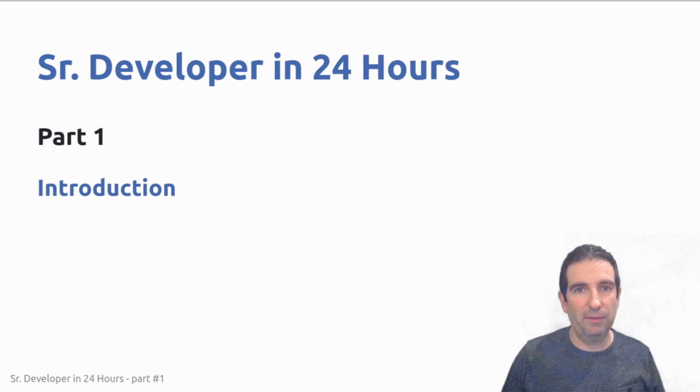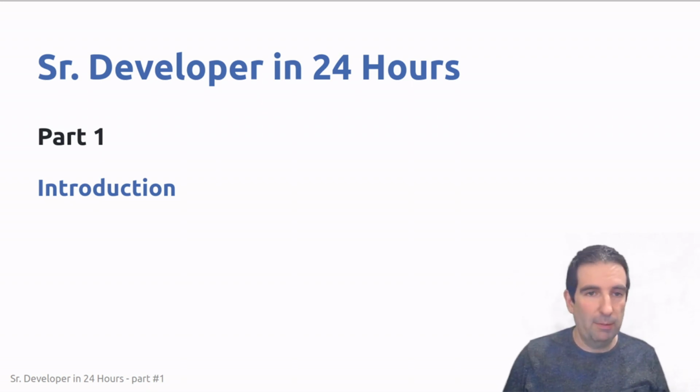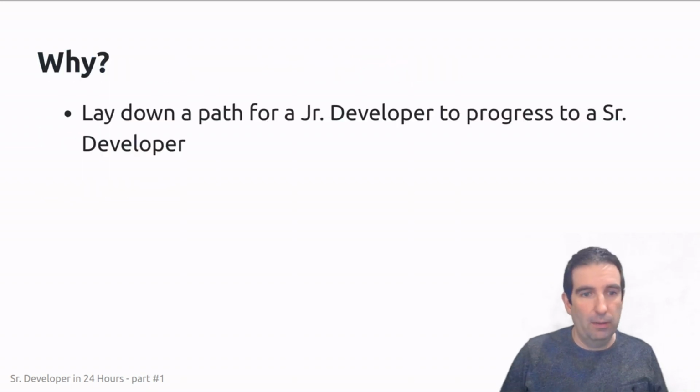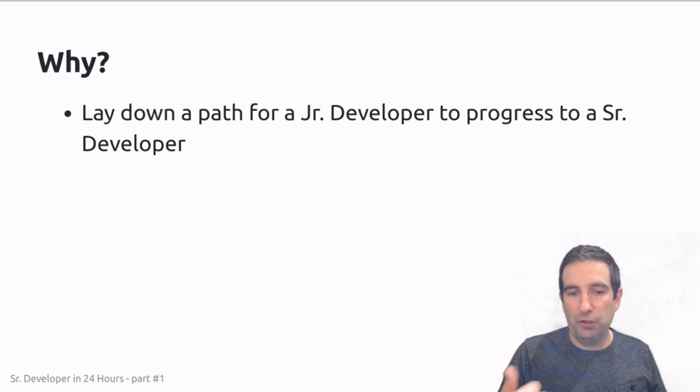So the first thing is, why am I even doing this in the first place? Well, in my career as a software developer, one of the questions that tends to come about is, what is the path for a junior developer to progress to a senior developer? So the idea of this series of videos is to be able to create a formal path that can describe, hey, these are the steps that you can take to go from junior developer to a senior developer.